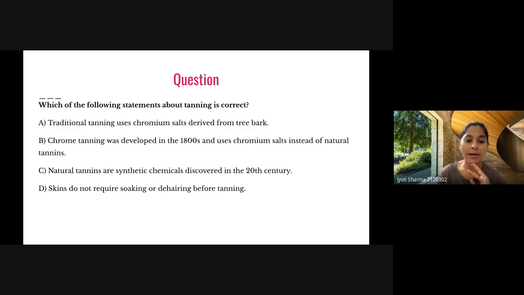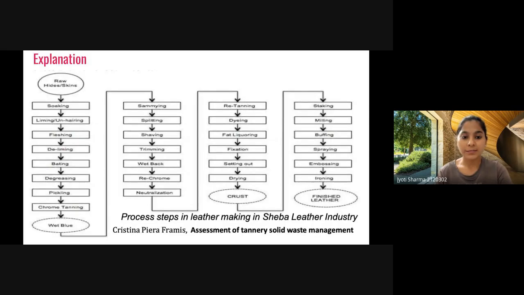Skins do not require soaking or dehairing before tanning. Dia gave me a B answer, and Sagar also gave me a B answer. Yes, for tanning we mostly use chromium salt right now in place of natural tannins. So B is the right answer.